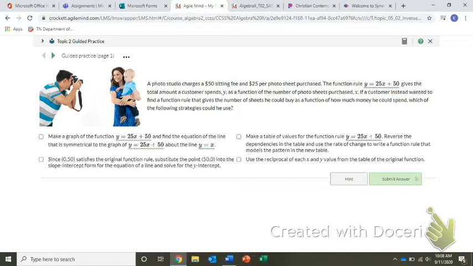If a customer instead wanted to find a function rule that gives the number of sheets he could buy as a function of how much money he could spend, which of the following strategies could he use? So, in other words, this is wanting you to find the inverse.